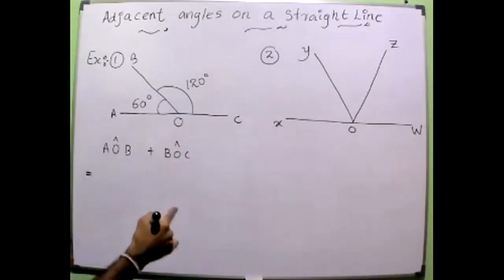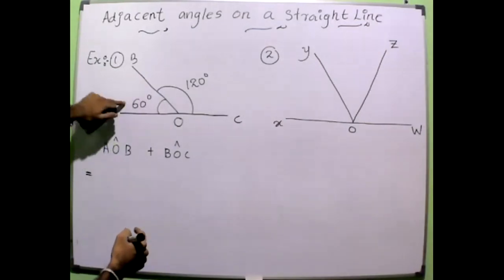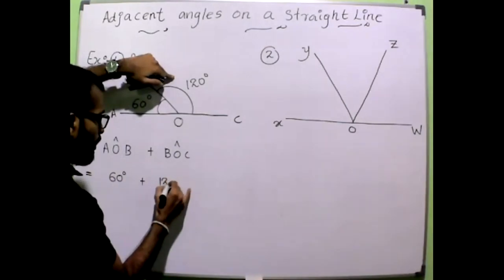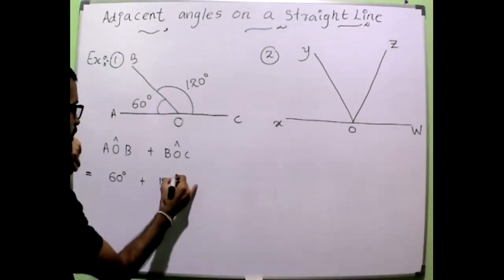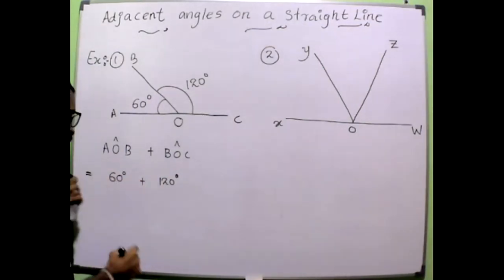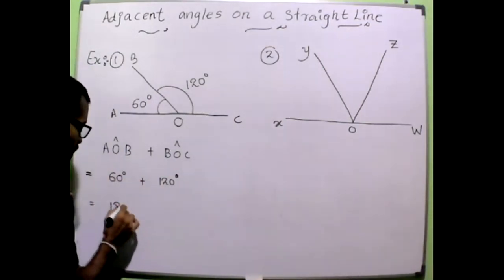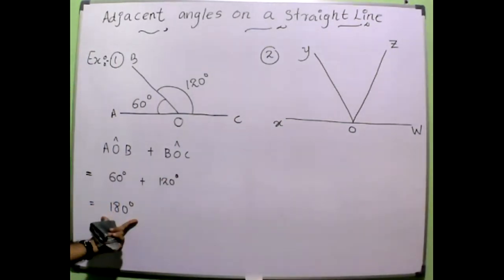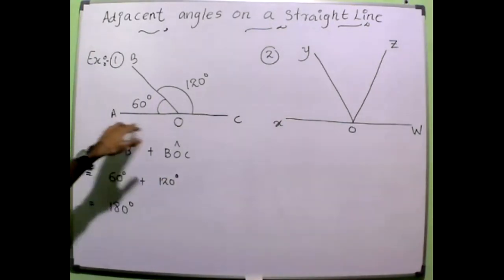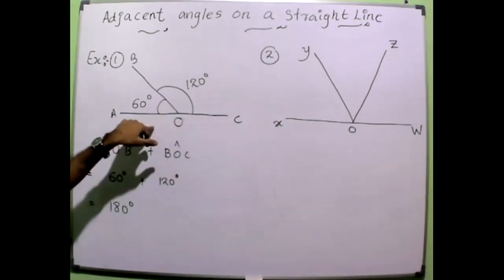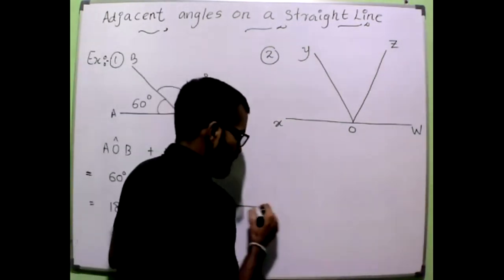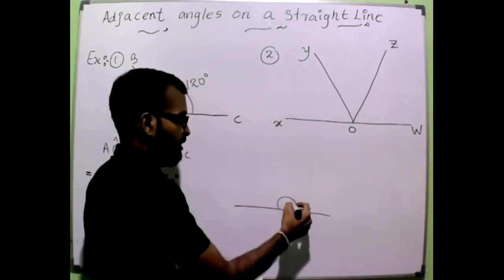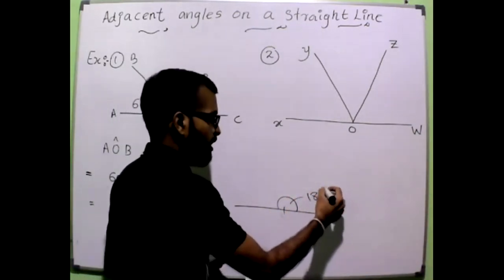AOB angle 60 degrees plus 120 degrees. 60 plus 120, that means 180. So it is straight. So AOC is a straight line, and what we discussed earlier is that this is called a straight angle. So the magnitude is 180.